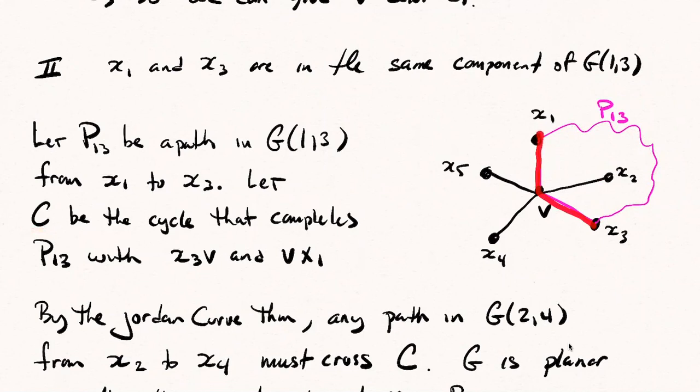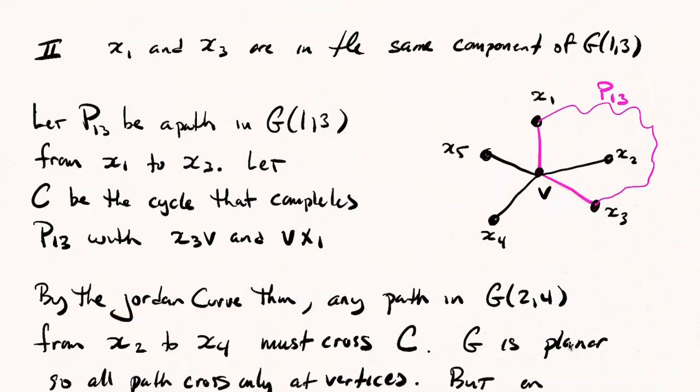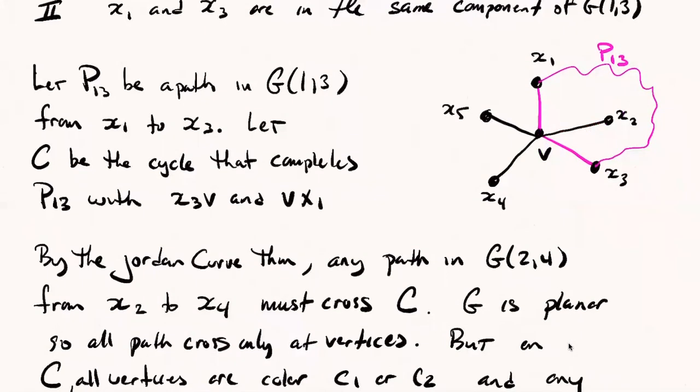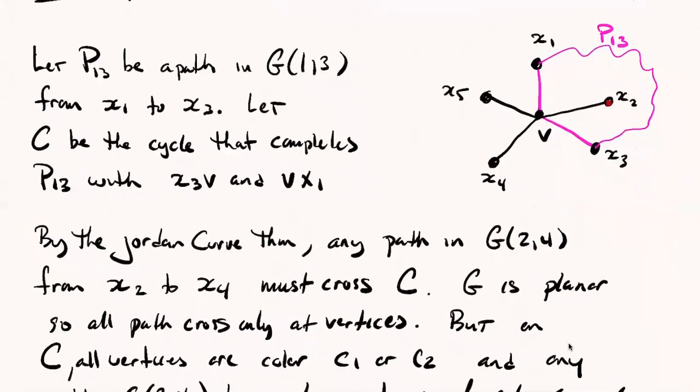And x2 and x4 by construction are on opposite sides of that cycle, sides in the sense of the Jordan curve theorem. So any path in G24, now you're kind of starting to see why I picked 1 and 3.